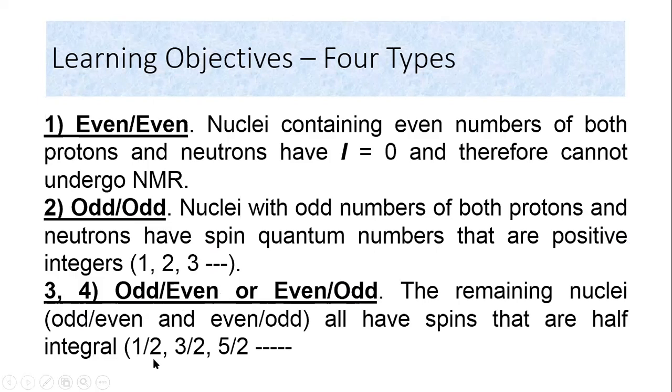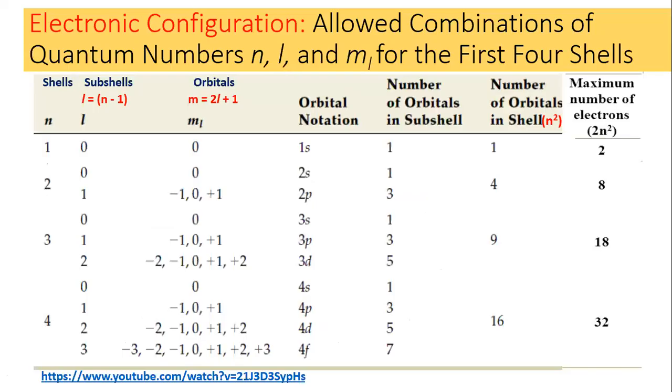That means 1/2, 3/2, 5/2, 7/2, and so on. So these are the different types of filling of the protons and the neutrons in the energy levels. We will explore how to calculate the nuclear spins by using these four objectives. So let's move to the second slide.